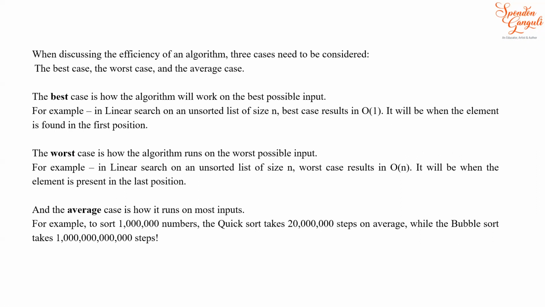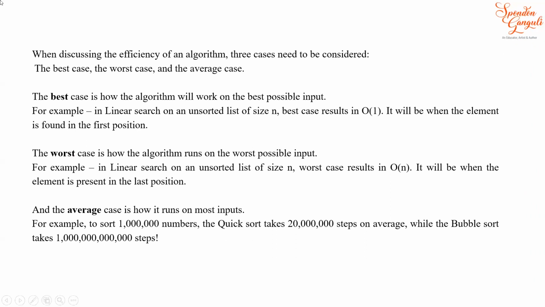Worst case is how the algorithm runs on the worst possible inputs. So here we take the same example of linear search for n elements. Best case is big O 1. Worst case will be big O n. Now what is average case? Average case is how it runs on most inputs.